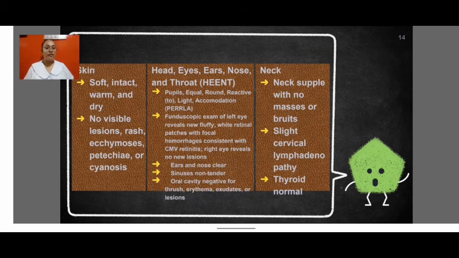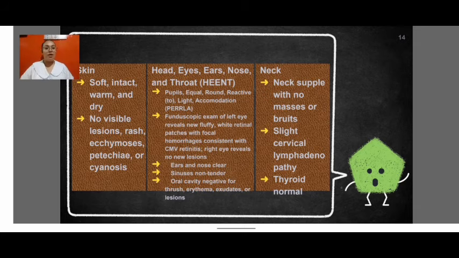So these are the findings while doing a physical exam of the patient. For the skin examination, soft, intact, warm, and dry to touch, no visible lesions, rash, ecchymosis, petechiae, or cyanosis.